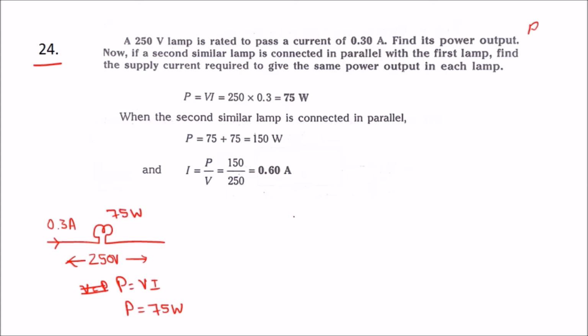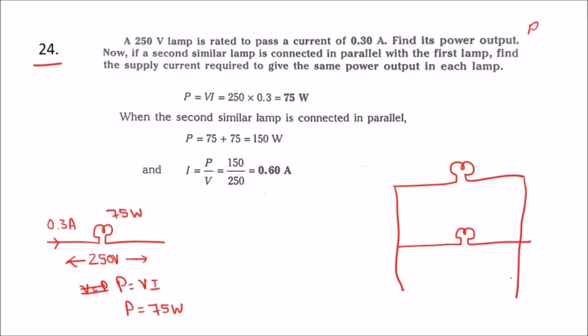Similarly, I'll draw two lamps in parallel. This is one lamp, and this is another lamp. This is the supply current, I1. They have said that a similar lamp is connected in parallel with the first lamp, with the same power output.